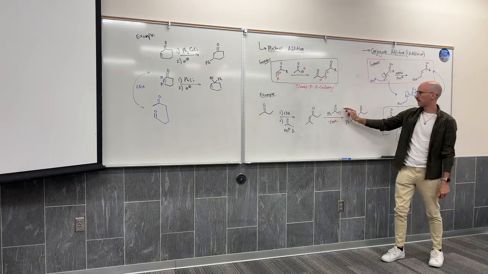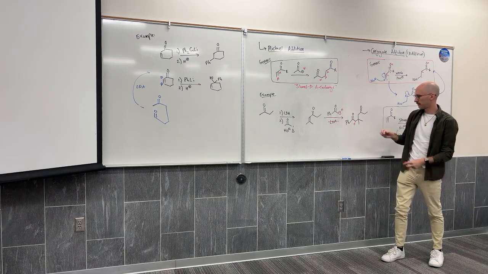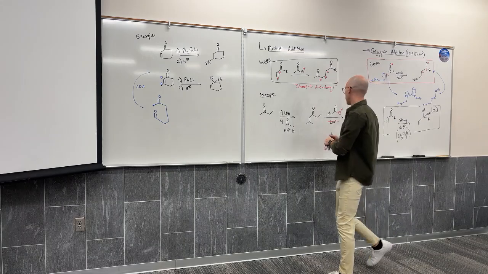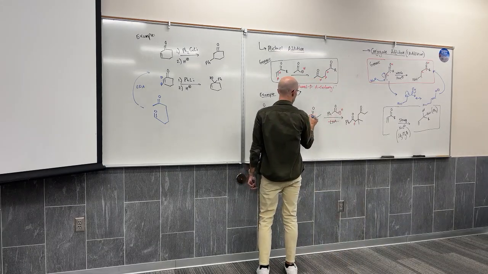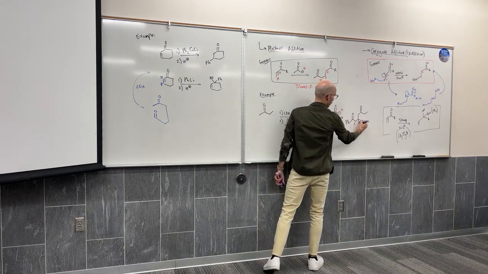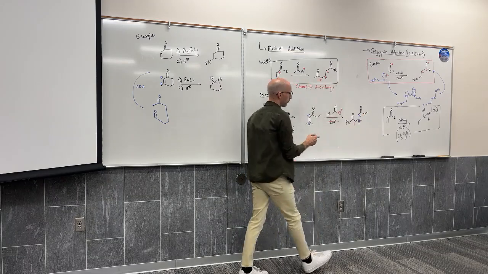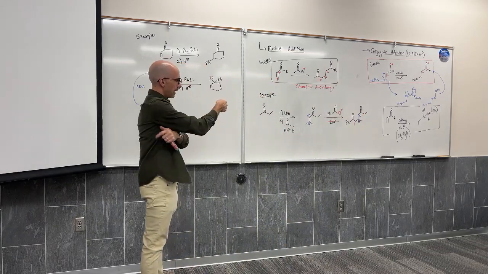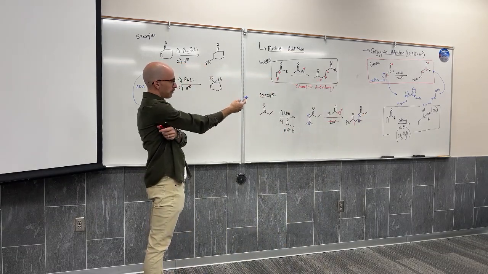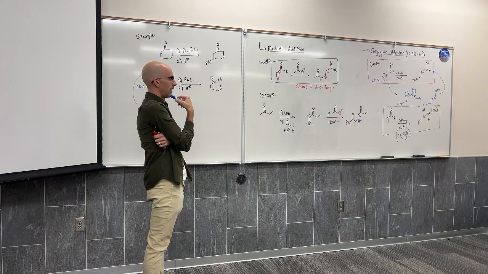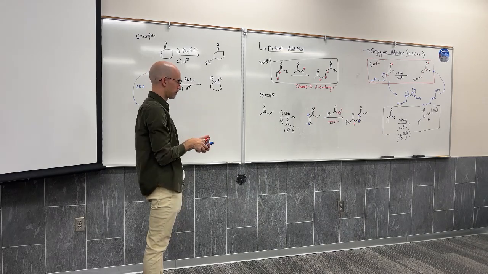Now here's alpha. Here's alpha. I'm going to do this beta in blue and this alpha in blue. Here's beta. Here's alpha in blue. Beta had two methyl groups, but now it's bonding to that new red alpha. And there's my final product.